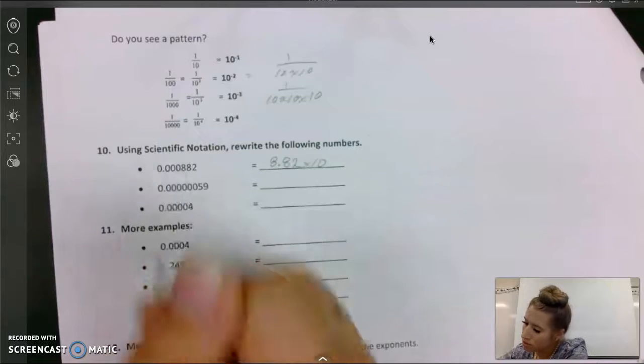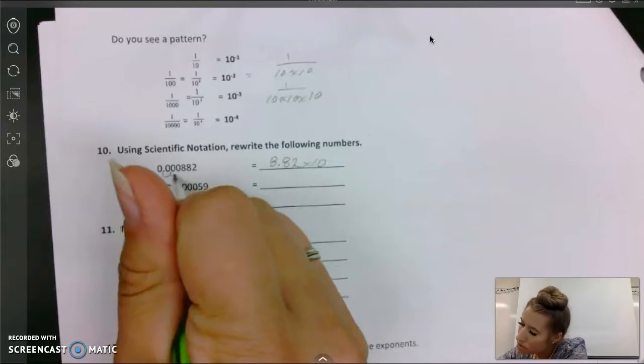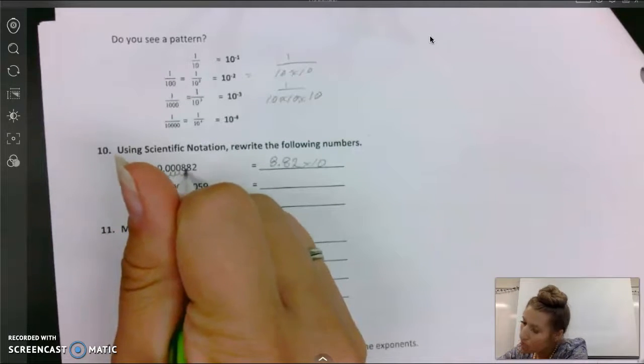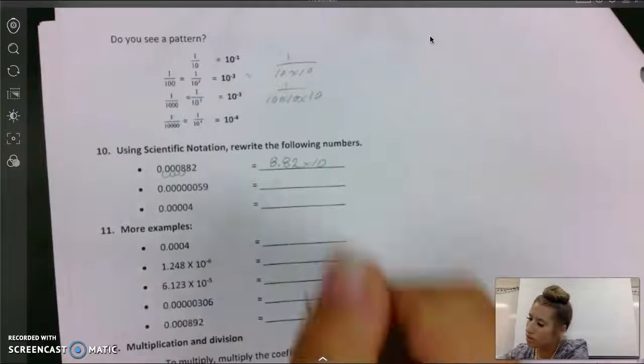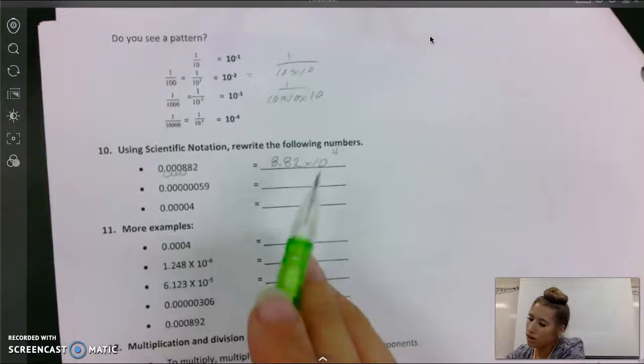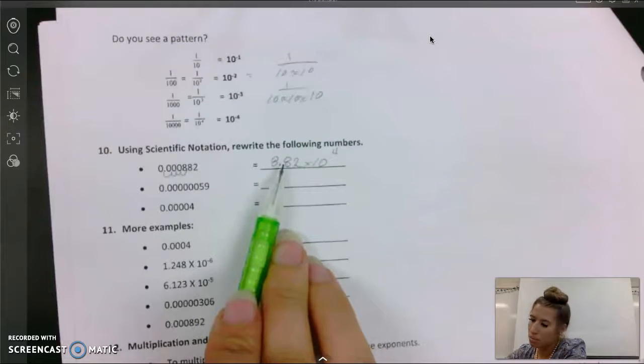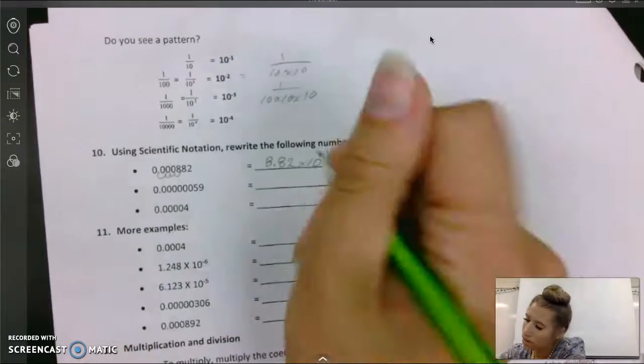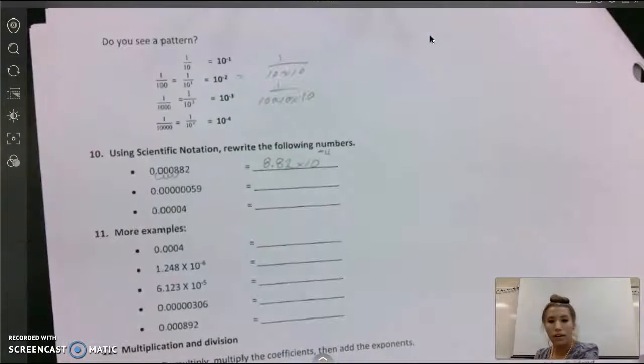Let's see, we moved it 1, 2, 3, 4 times. But is this going to be a positive 4 or a negative 4? We're taking our coefficient and we're making it significantly smaller, so it's going to be a negative value.